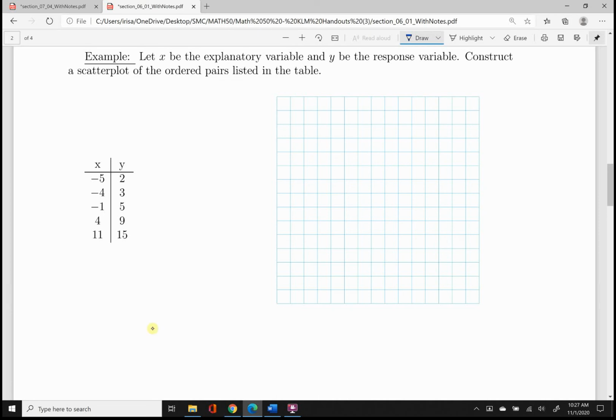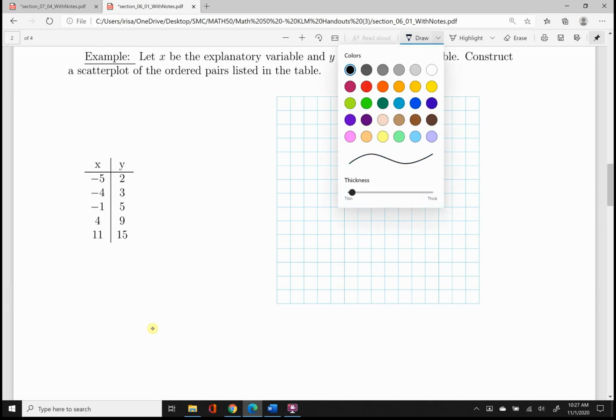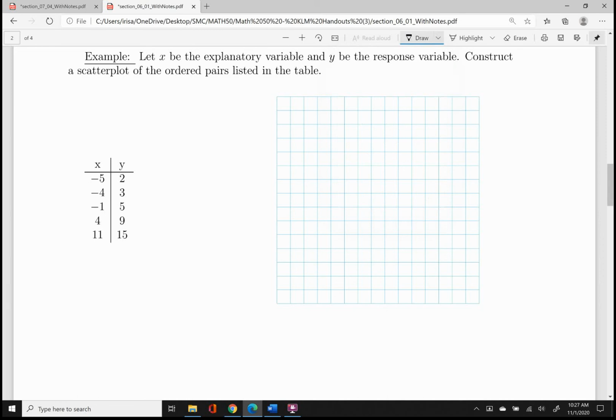Notice that the y value goes all the way out to 15, and all of the y values are positive, and the x values range in value by 16 wide, actually. So what I think is best to do is offset this a little bit, with the vertical axis being maybe about here. Oh, and let me switch it to black. I like to draw my axes in black. So something like this, I think, would be appropriate.